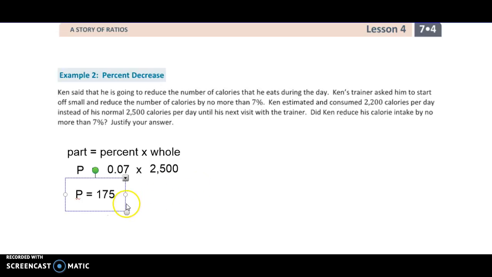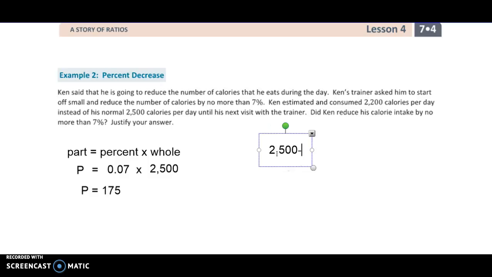175 calories. Now Ken has already gone on his diet, correct? The question is, did Ken reduce his calorie intake by no more than 7%? The maximum amount, if he could take away 7%, would be 175 calories. Well, if he started out at 2,500 and now he's doing 2,200, that's already a change of 300 calories.